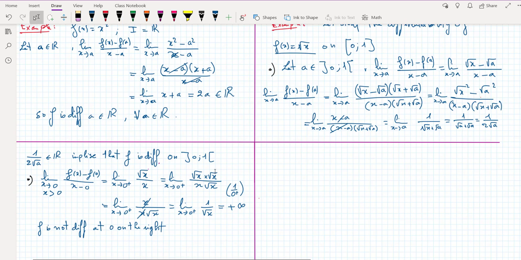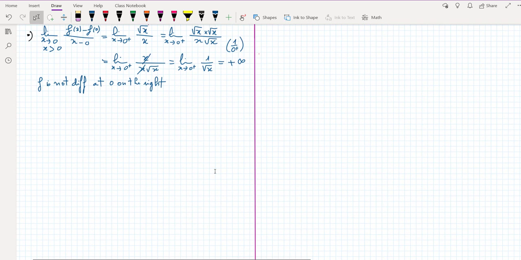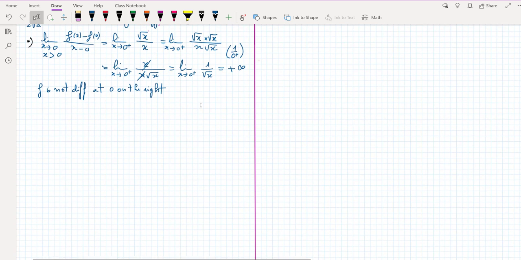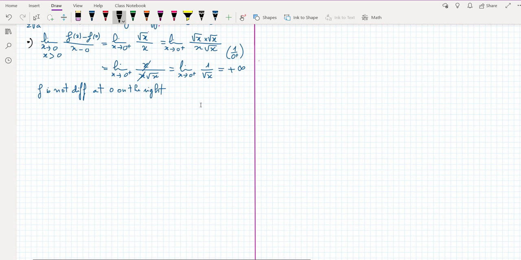Now we need to study the differentiability of f on the left of 1, because we have a closed interval in 0 and 1.